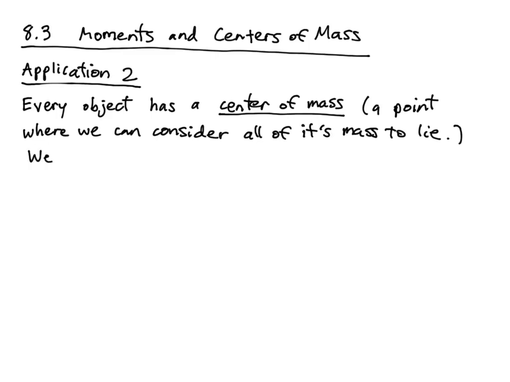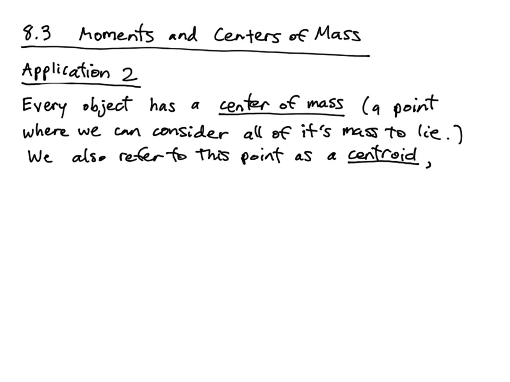We also refer to this point as a centroid. I will use the word centroid a lot because it is a nice compact way to do this. Or center of gravity. I don't use this one very much, but it's good to know different words for the same thing.